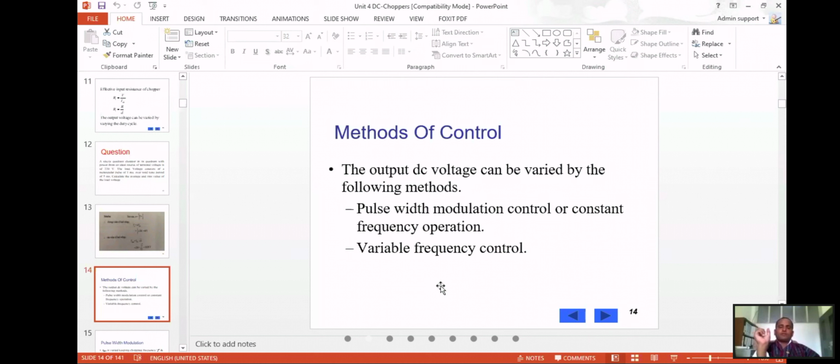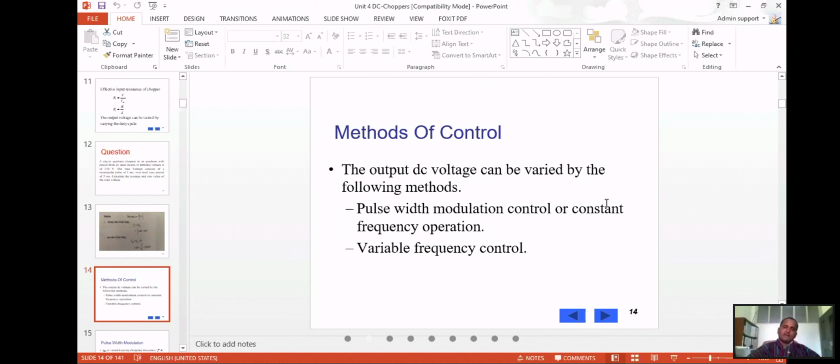When you keep the system on for certain longer durations, there will be harmonics, that is, unwanted signals will be generated. That unwanted signal is not required, so variable frequency control has certain disadvantages.